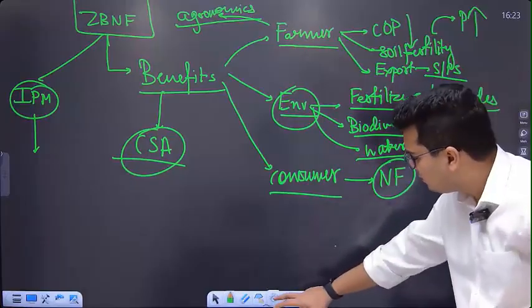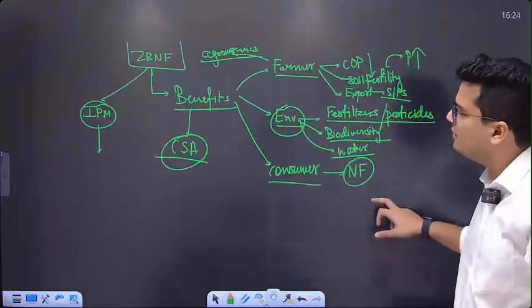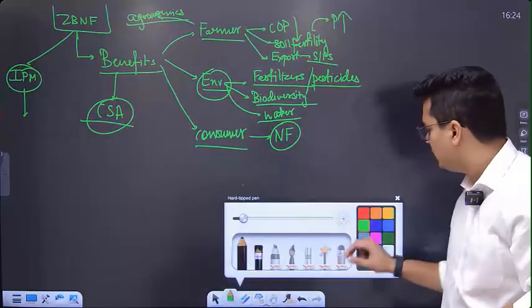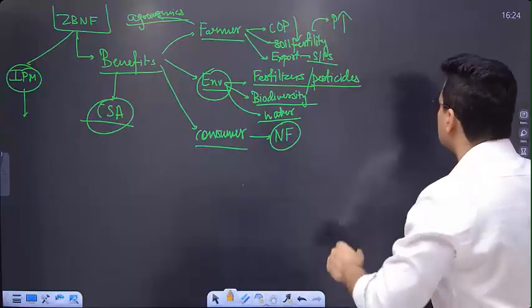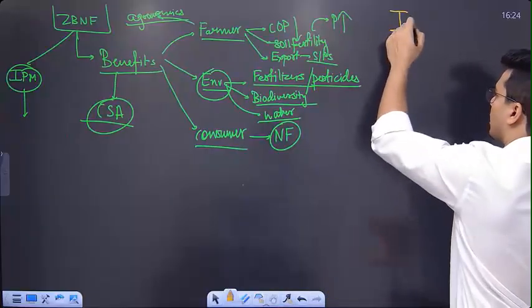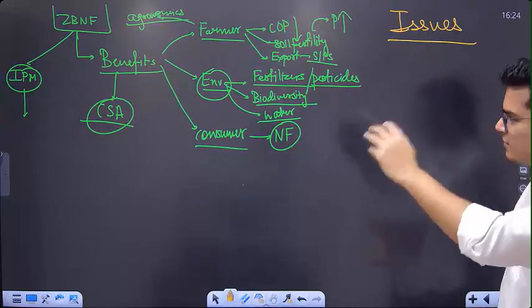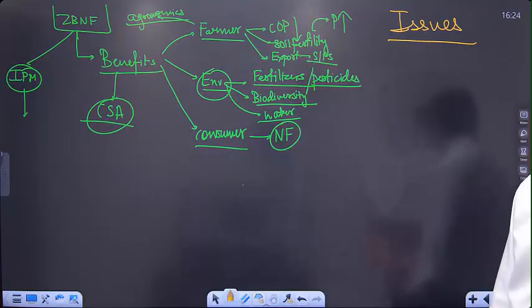But if ZBNF was so good, every farmer in the country would have adopted it by now. So definitely ZBNF has certain issues. Now again with me, start brainstorming the issues that afflict zero budget natural farming.